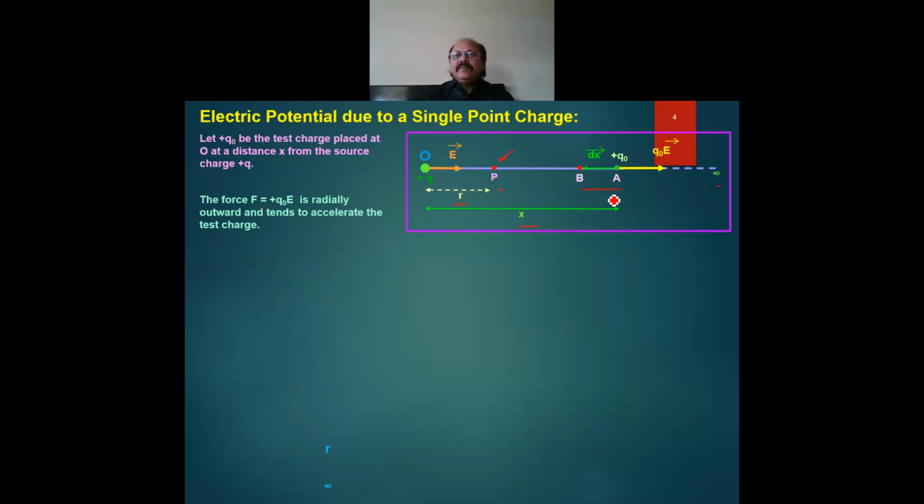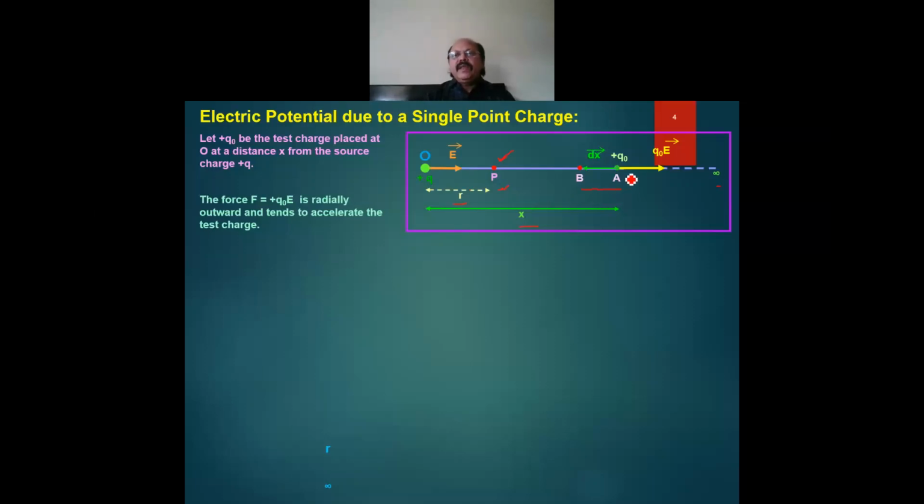After that, we will find out the total work done for bringing plus q naught charge from infinity to the point P. For that purpose, we integrate this small amount of work done which we calculate from point A to point B. Let us see what happens.